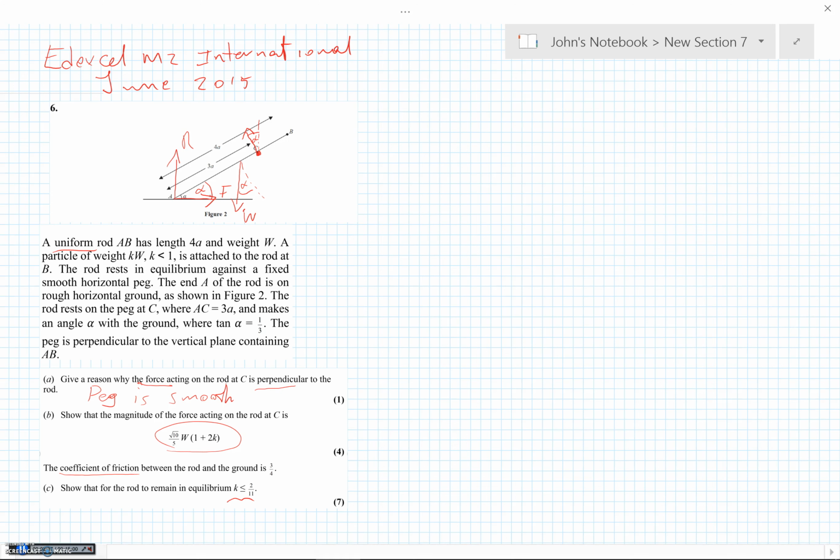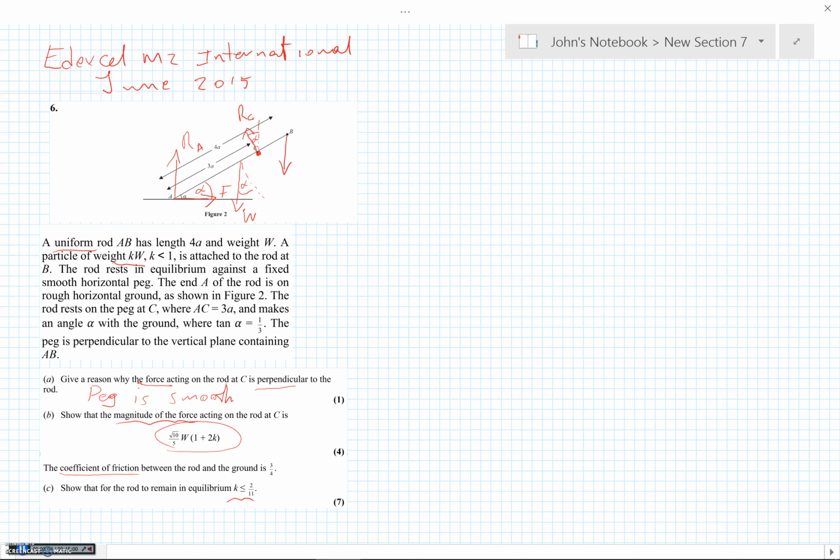Now, if we read the question in its entirety, I think it talks about a weight of kW acting at B. So the first thing is to find the magnitude of the force, and it's the reaction force. Let's call this one RA and this one RC.